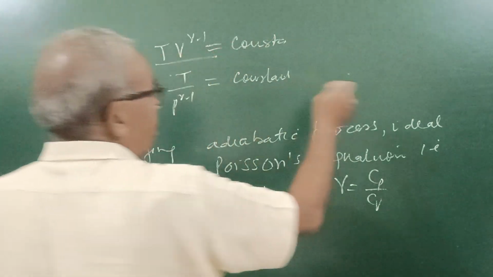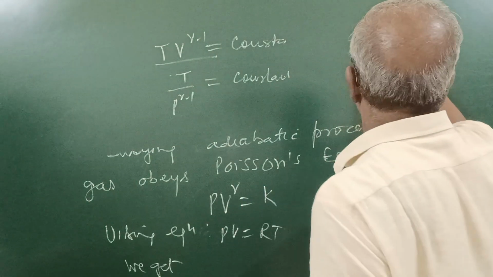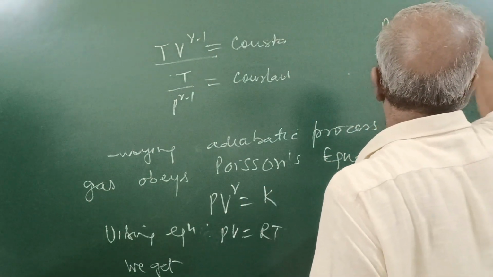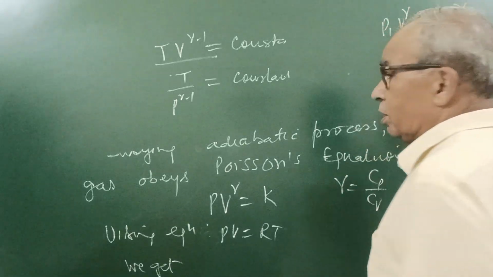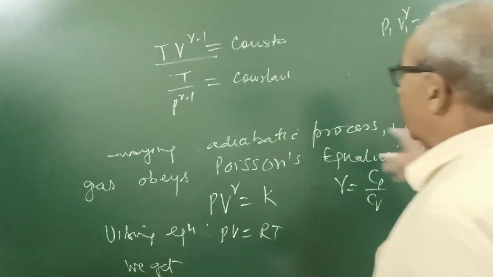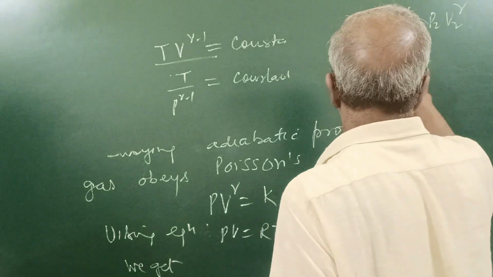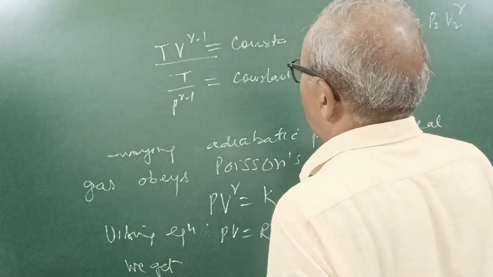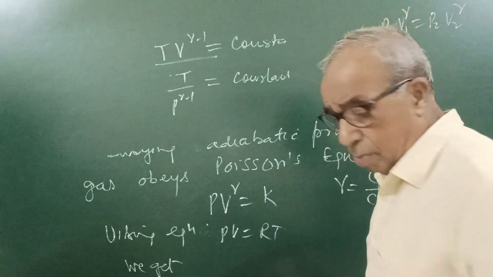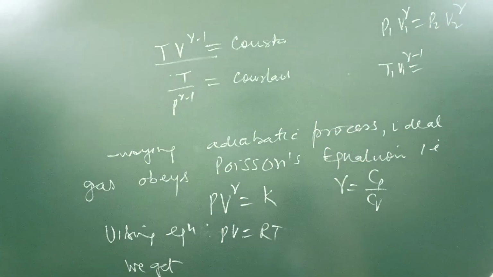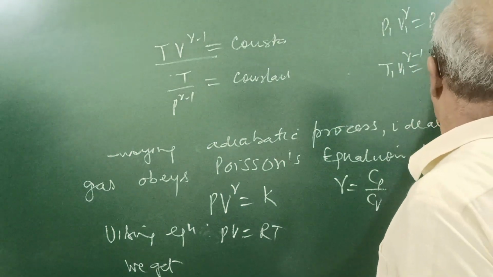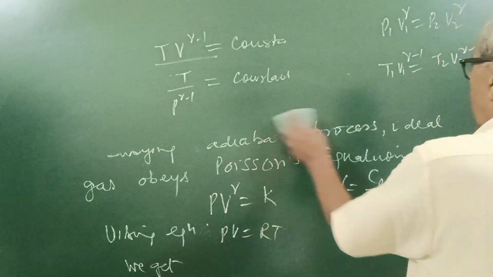What it means is P1 V1 to the power gamma equal to P2 V2 to the power gamma equal to P3 V3 to the power gamma, and so on. Similarly, T1 V1 to the power gamma minus 1 is equal to T2 V2 to the power gamma minus 1, and so on.